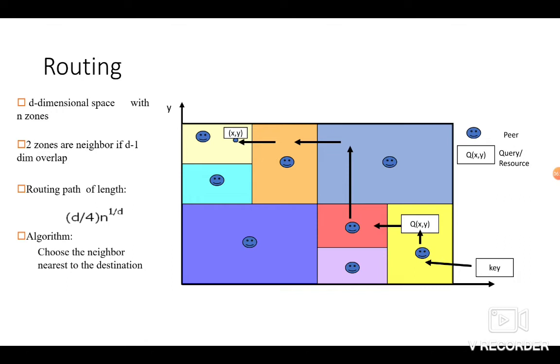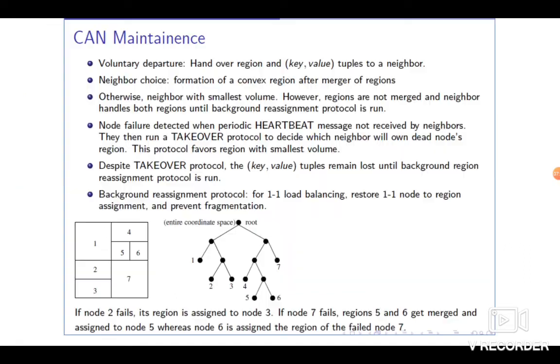Finally, it reaches the particular node. Here the routing path length is (d/4)·n^(1/d). What is the algorithm we used? We choose the neighbor nearest to the destination. This is the routing algorithm, that is the greedy algorithm.